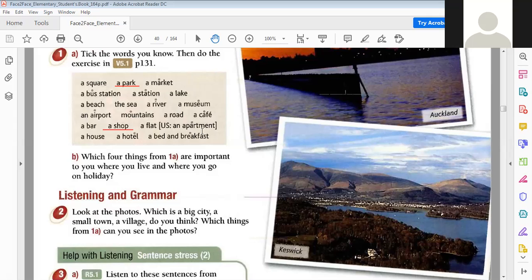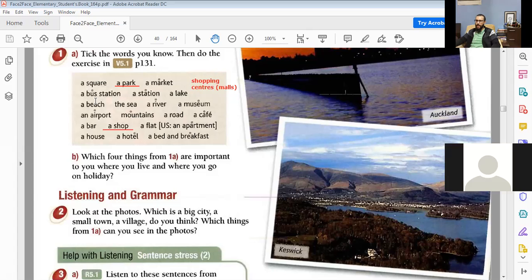Yes. Okay, let's write them. This is another important place. So you can say shopping centers, or malls in American English. These are also, I think, important places for families and people who like shopping. Very nice. Do you want to add anything else, Manan?